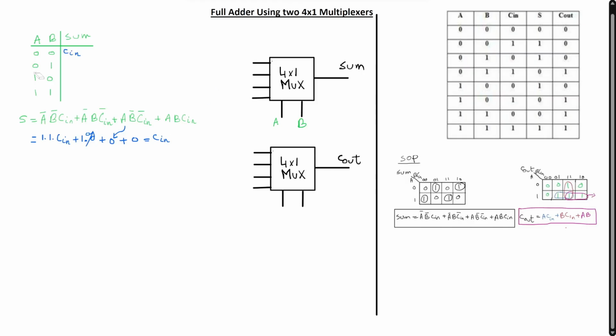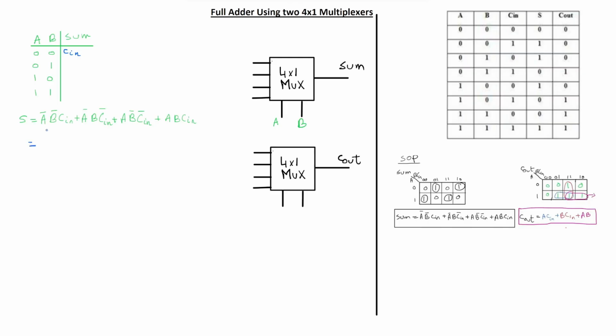Now let's do the same thing for 0 1. When A is 0 and B is 1, A bar is 1 times B bar is 0, so this will be 0 and we don't have to continue.